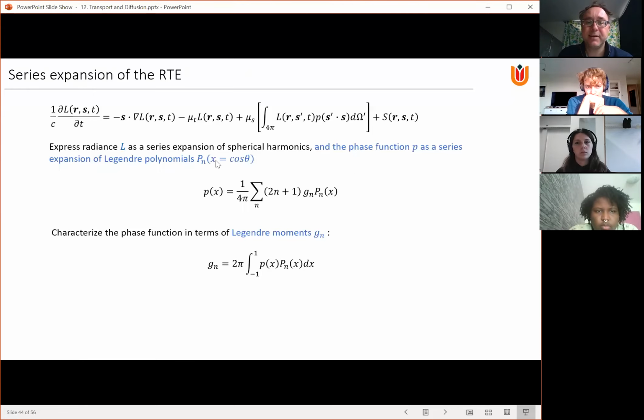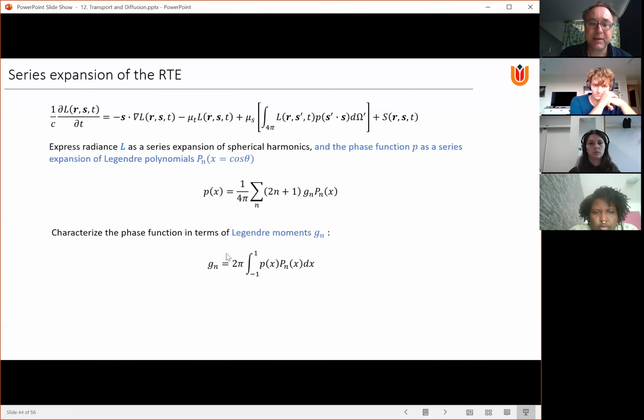So x is cosine theta. It will be a function of cosine theta only. Then the phase function as a function of x is this series of Legendre polynomials of order n, which were the functions in that table on the previous slide. They are all weighted by something that depends on the order number and by some coefficient g_n. And you can calculate these Legendre moments g_n from the phase function itself, more or less similar to how you would do it for a Taylor expansion.